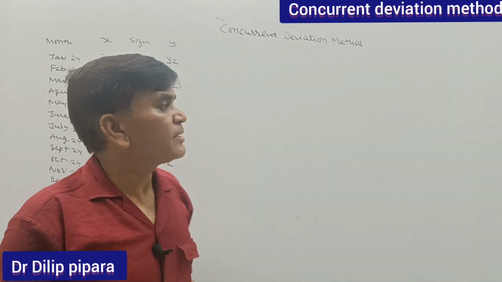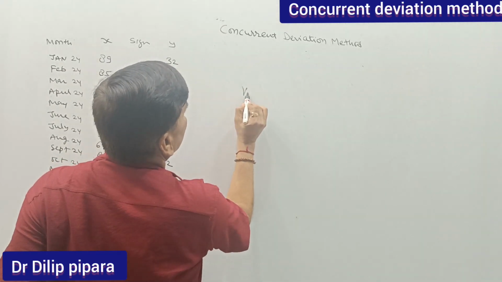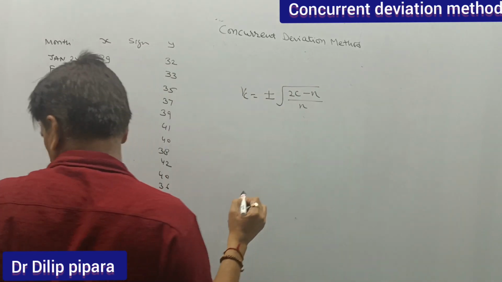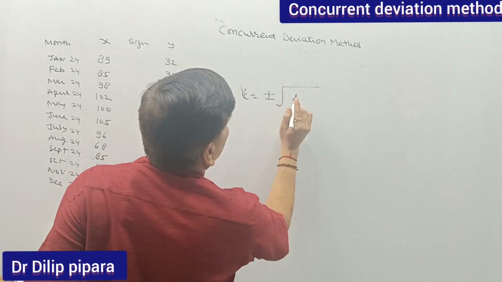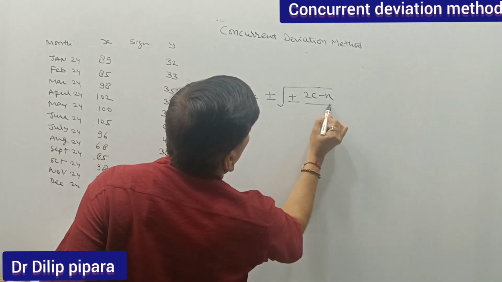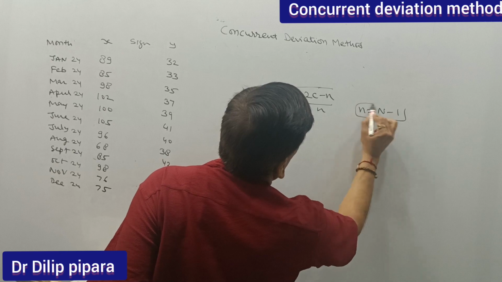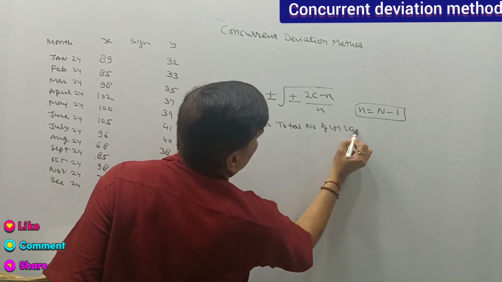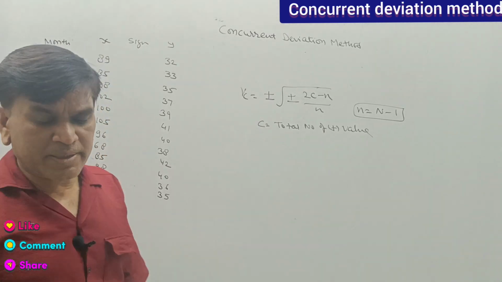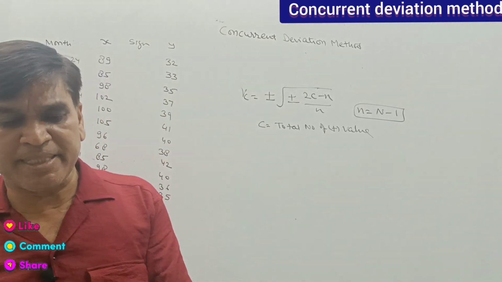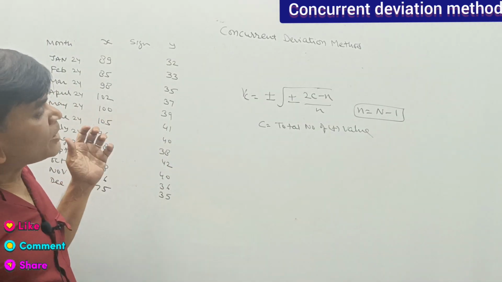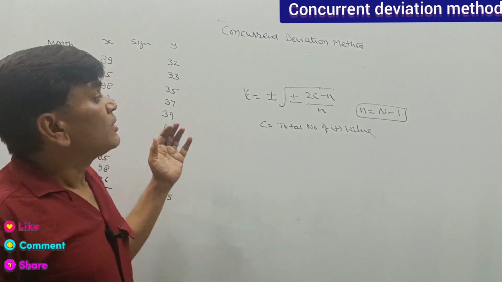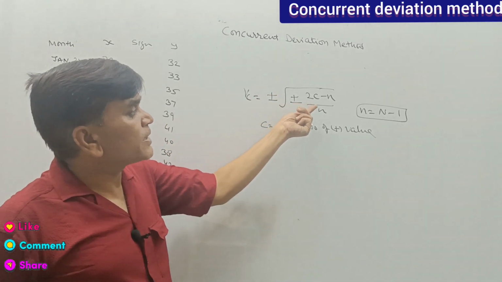The formula for the concurrent deviation method is plus minus under root plus minus (2c minus n) divided by n, where n is the number of items minus 1 and c is the total number of plus values. It is a very easy method to calculate, because only with the help of the signs we can find the correlation.